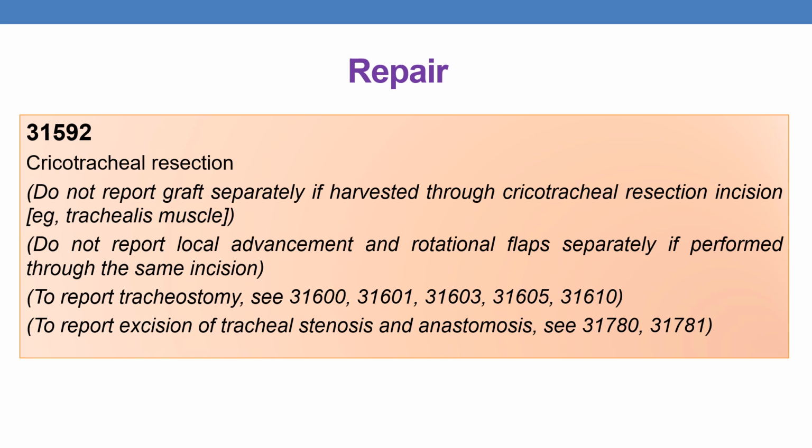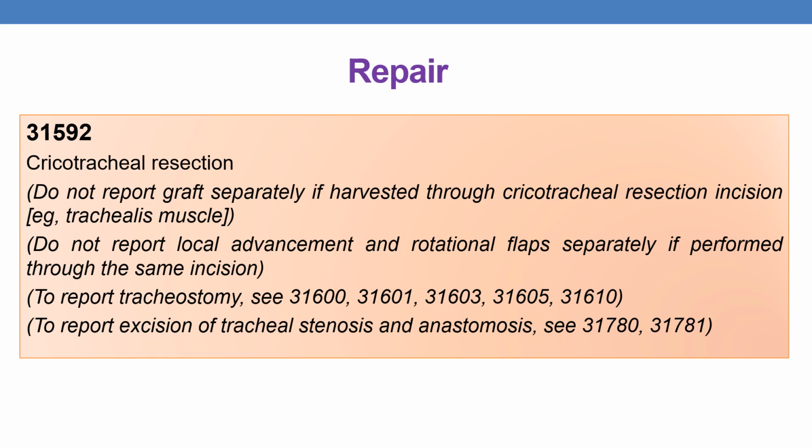And do not report graft separately if harvested through cricotracheal resection incision, for example, trachealis muscle, and do not report local advancement and rotational flaps separately if performed through same incision. And to report tracheostomy, you need to refer 31600, 31601, 603, 605 and 610.